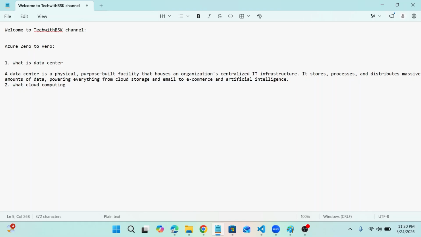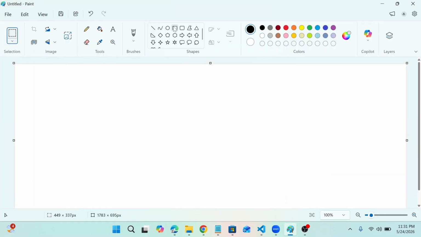Before talking about the data center, let's talk about how our application is deployed on a physical server. Let me open a client.